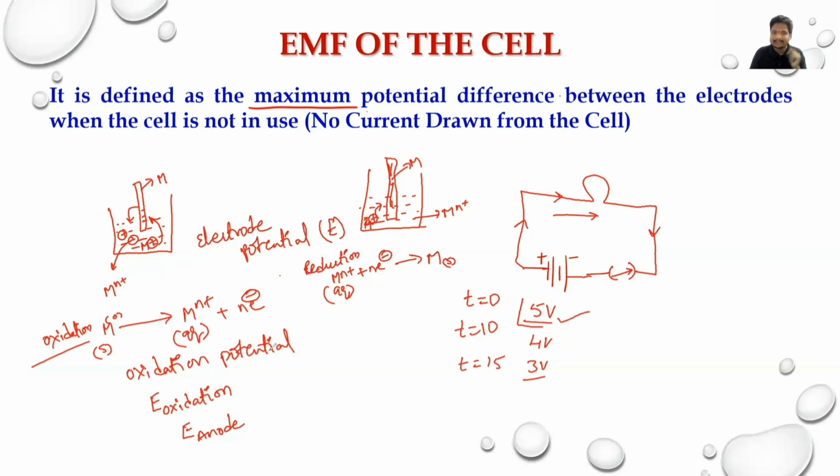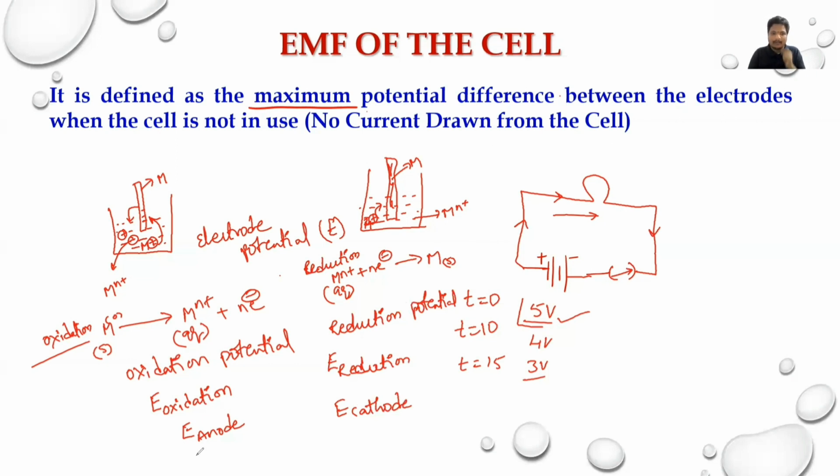Due to this reduction reaction, we can observe the reduction potential, which can be represented as E reduction. This reduction takes place at the cathode, so it is the cathodic potential, E cathode.